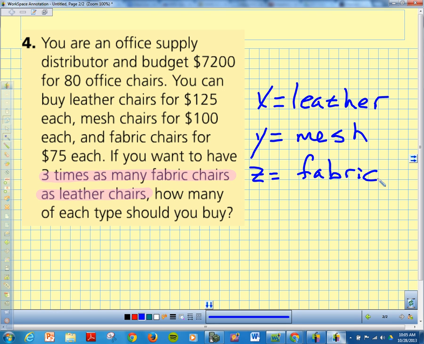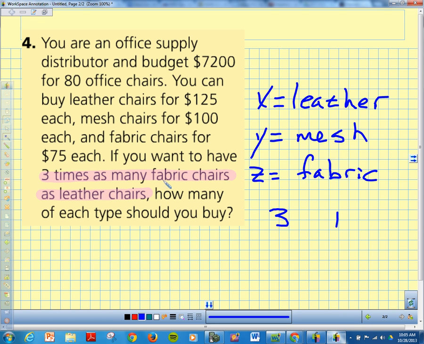So let's start with this hardest equation to write first. So I've got 3 times as many fabric chairs as leather chairs. So when you're writing this equation, 3 times as many, I'm going to pick the easiest thing that I know that's 3 times as many as the other. So 3 times as many fabric as, so the fabric is what variable?